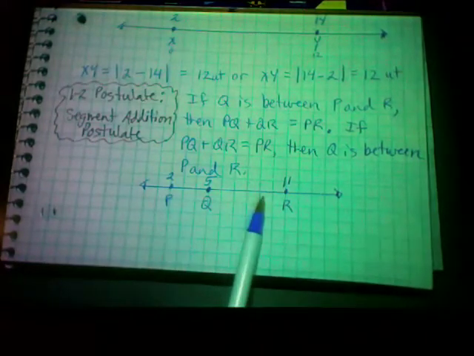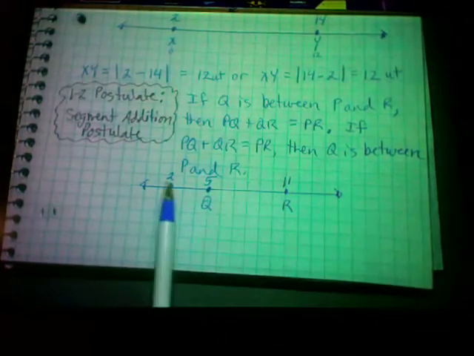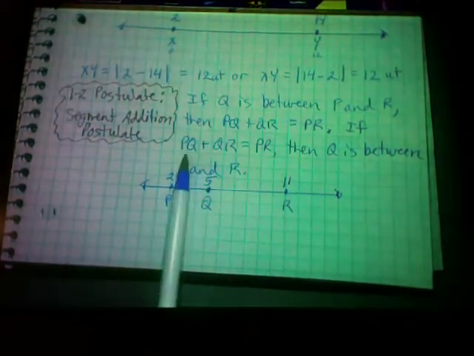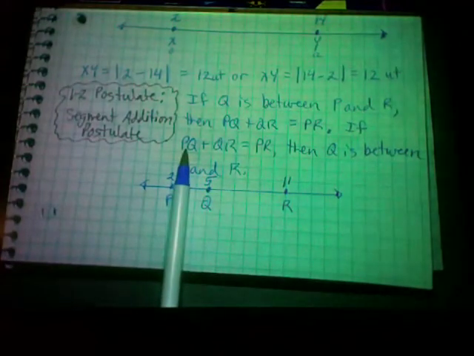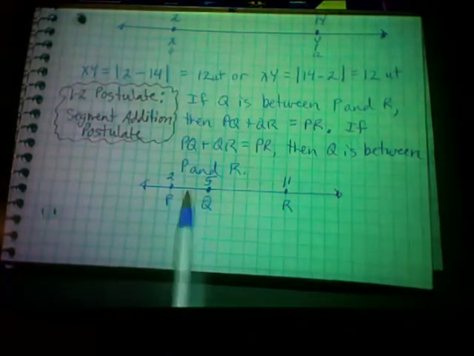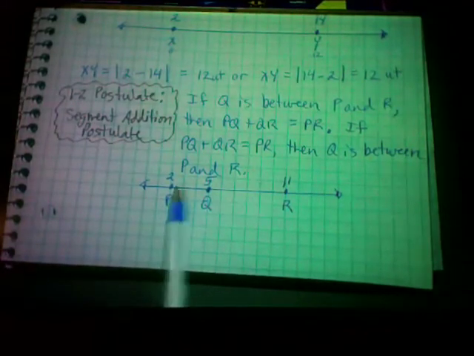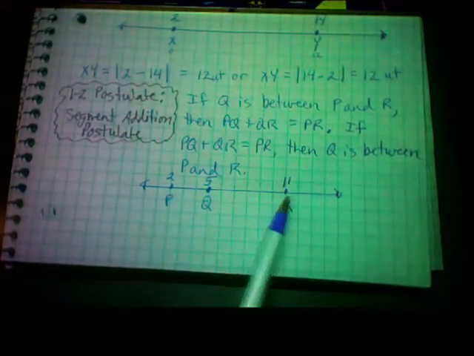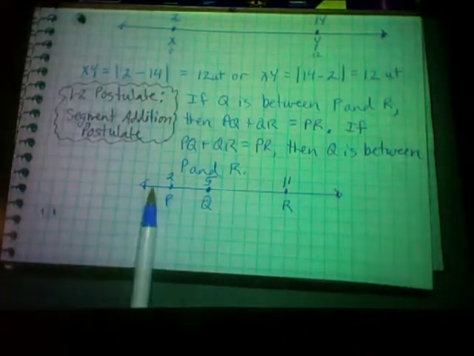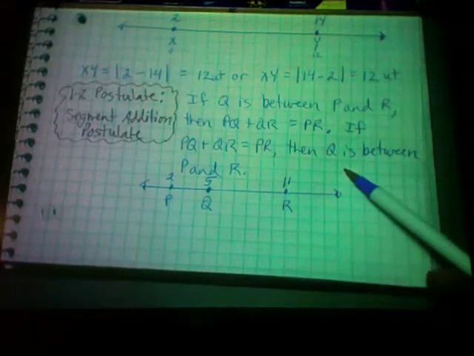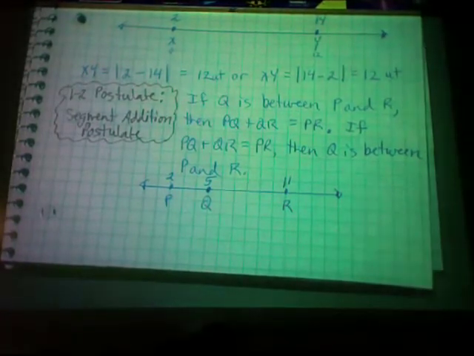So what's 3 plus 6? 9. What's the distance between 2 and 11? 9. So all this says is that the distance from P to Q, 3, plus the distance from Q to R, 6, is equal to the whole distance, which is 9. And if I had told you that this plus this equals the whole distance, all they're saying in this one is that Q must be in between them.